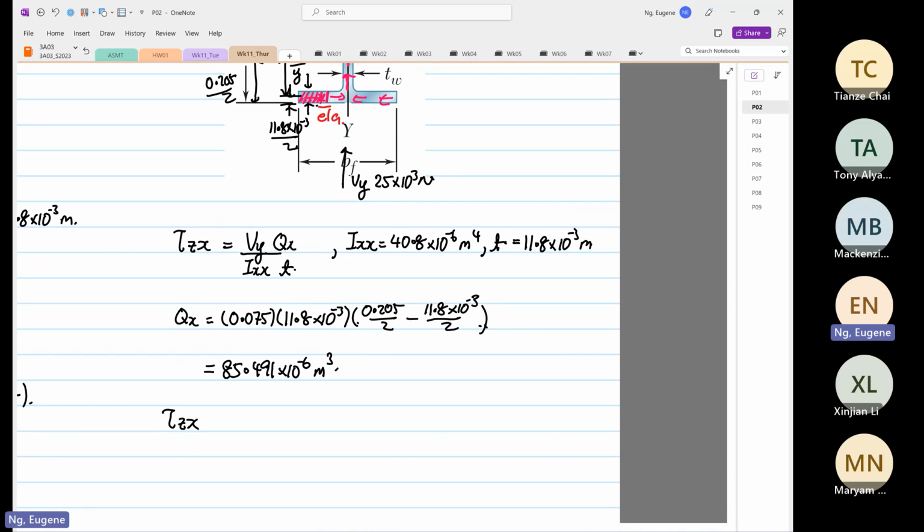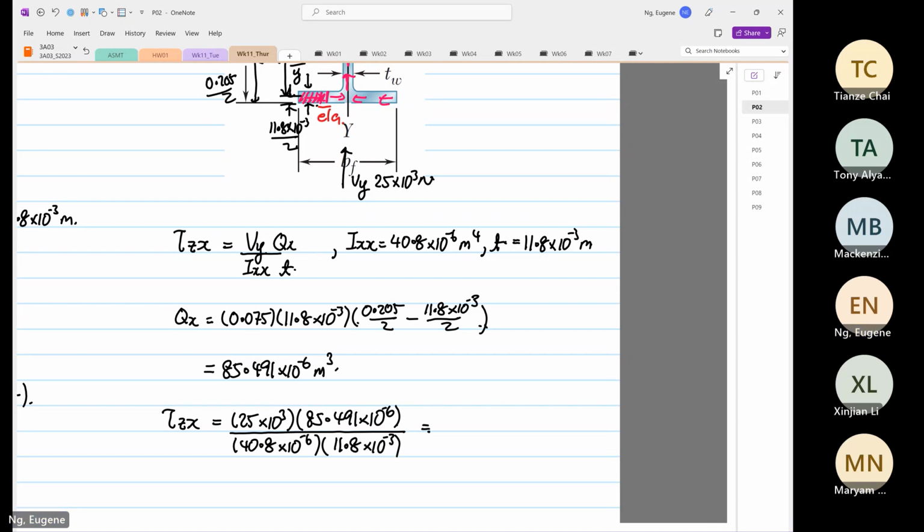shear ZX is. So this will be equal to our Vy, 25 times 10 to the power 3, times 85.491 times 10 to the power minus 6, divided by Ixx, 40.8 times 10 to the power minus 6, and then the thickness is 11.8 times 10 to the power minus 3.